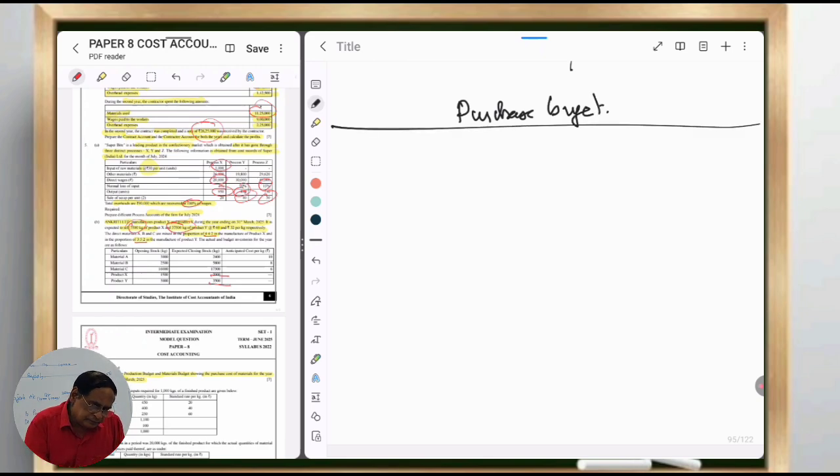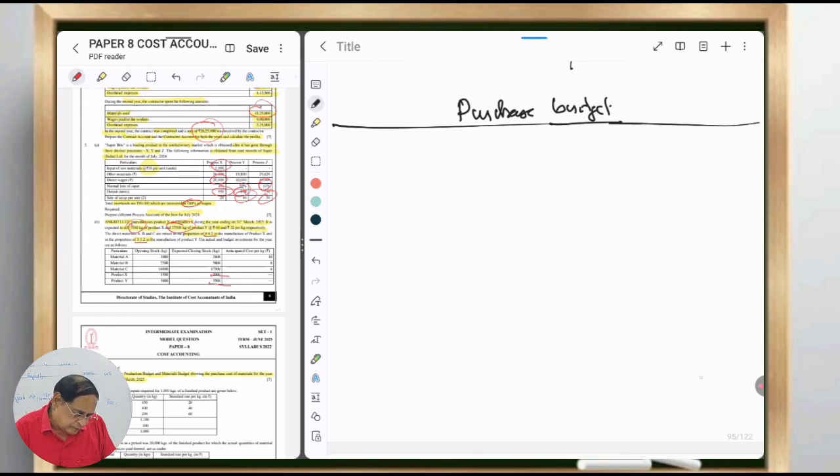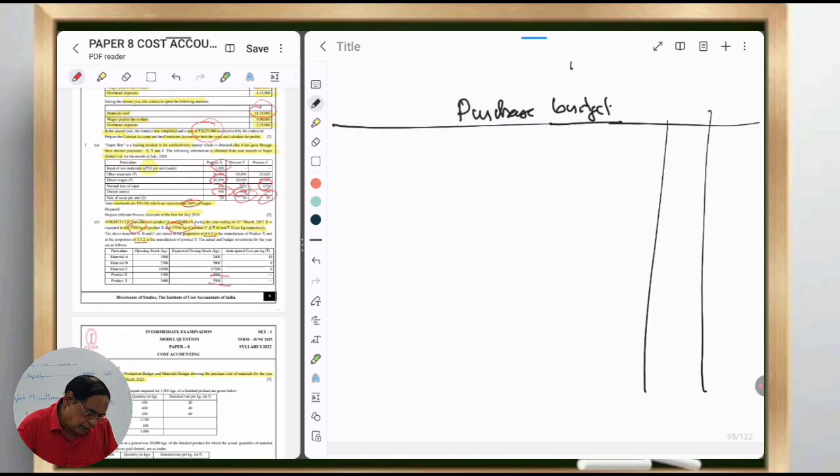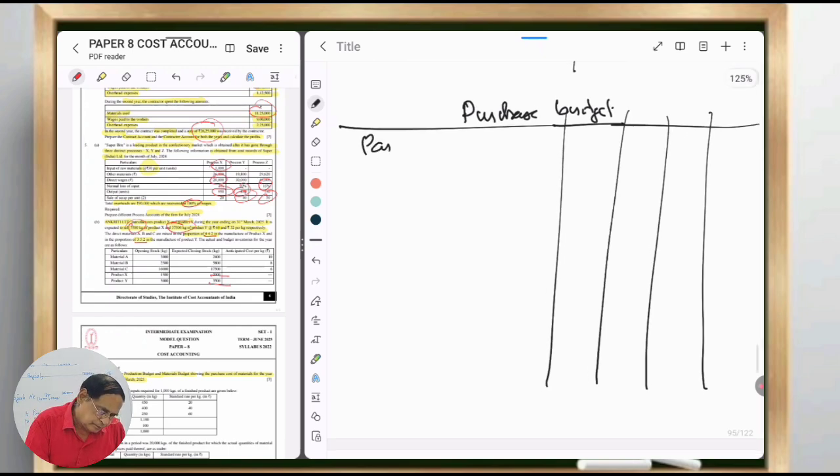Purchase budget, particulars, A, B, C and then total.